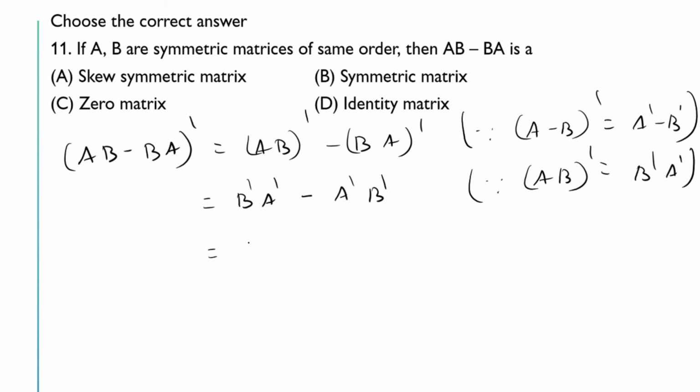So it is given A and B are symmetric matrices. So we can write B transpose as B and A transpose as A, since A and B are symmetric.